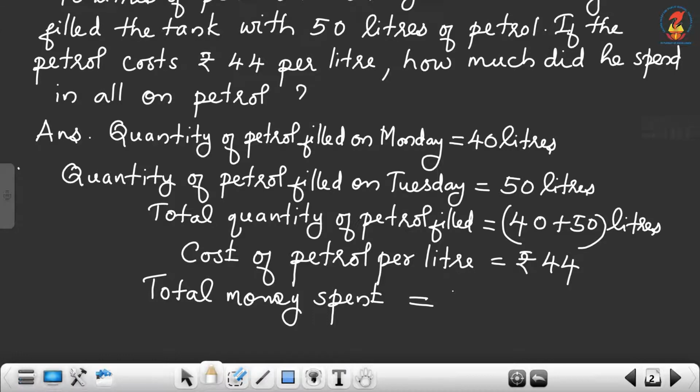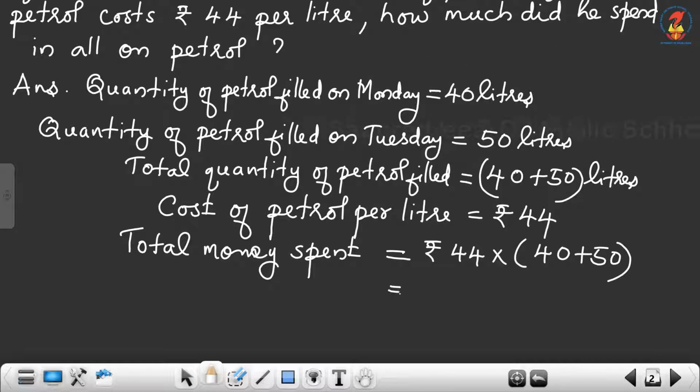Therefore, rupees 44 into 40 plus 50, equal to rupees 44 into 90, then equal to 44 into 9. 9 4s are 36, 3 is the carryover, 9 4s are 36 plus 3, 39.